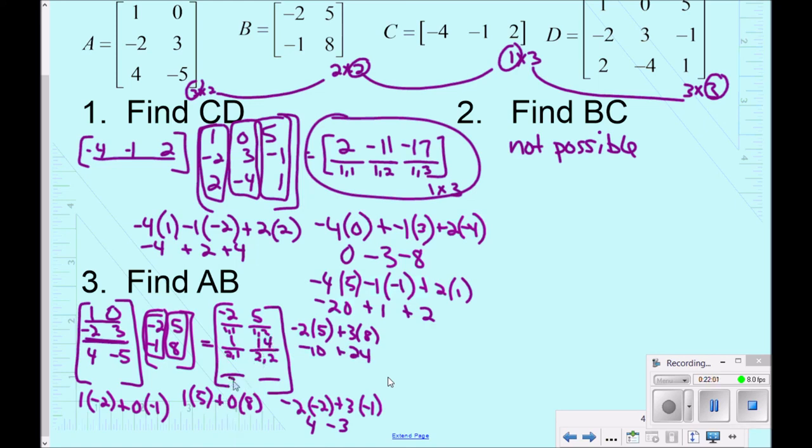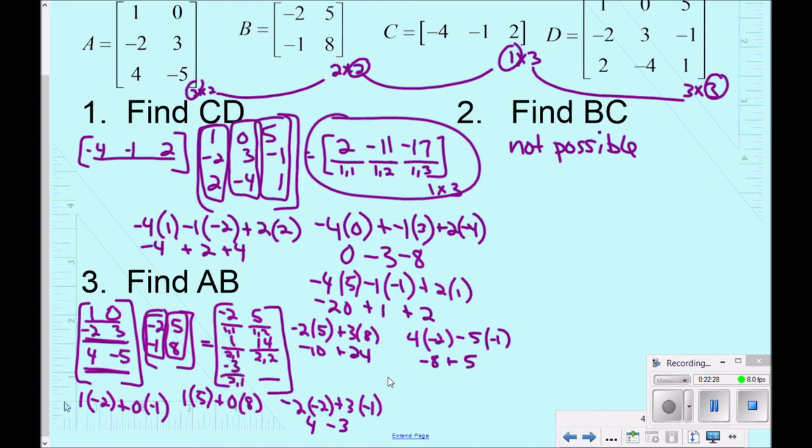Next, the third row, first column, comes from the third row and the first column. So 4 times negative 2, and negative 5 times negative 1 is negative 8 plus 5, which equals negative 3.